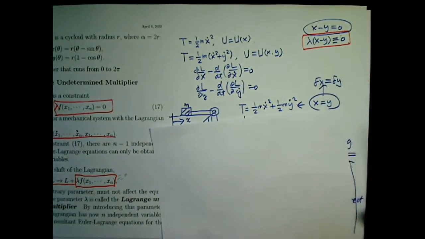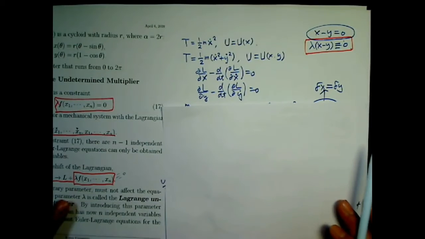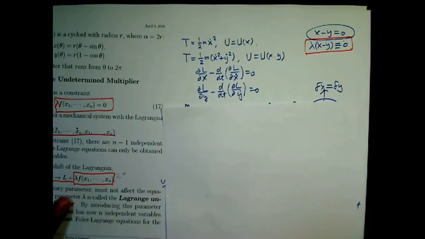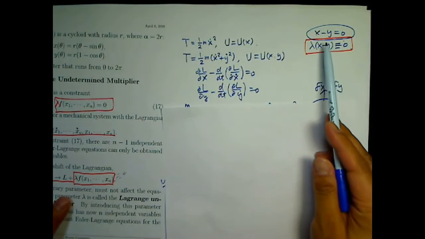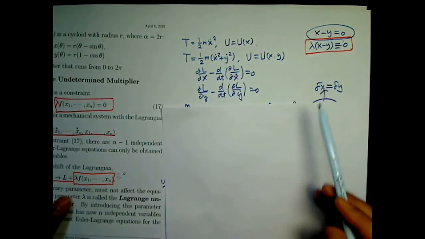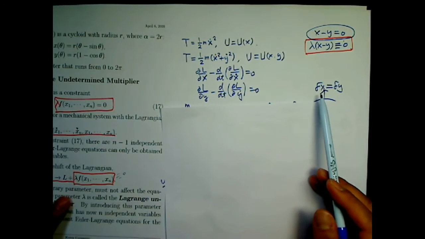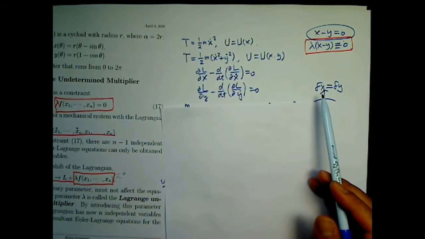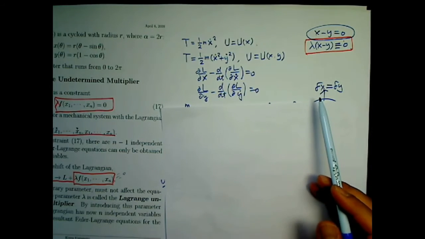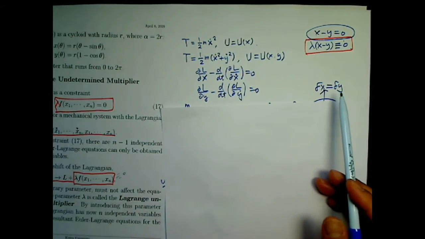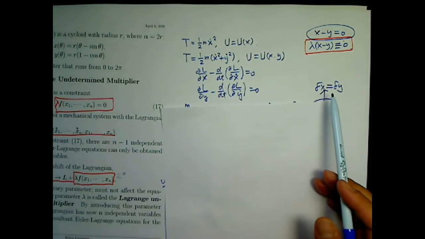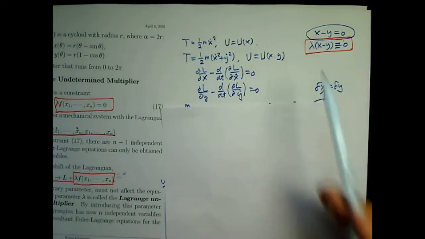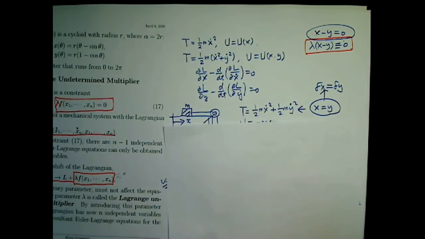Because of this constraint, the system has only a single independent variable, because x equals exactly y. Once you allow the variation of the mechanical variables to find the condition for the minimum value of the action, delta x should be the same as delta y. The variations of the two variables must be the same because the two mechanical variables are absolutely the same.